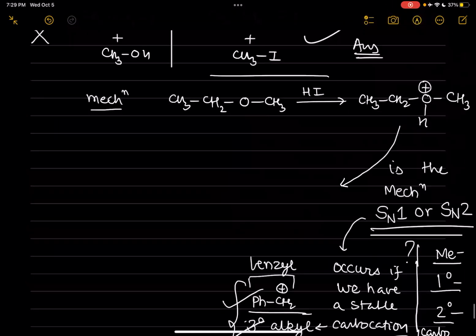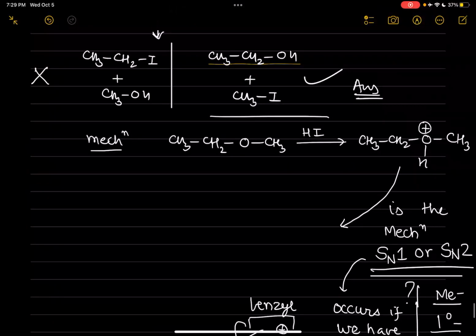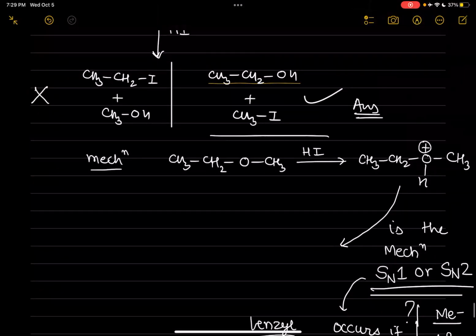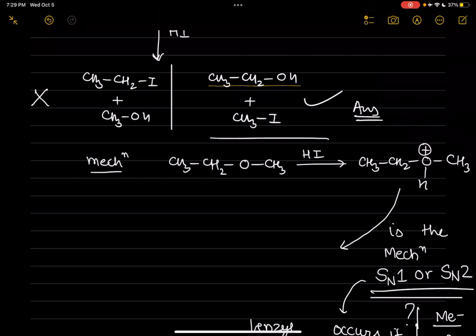So now my question is, will the carbocation form in this or not? Is the carbocation going to form in this case or not?